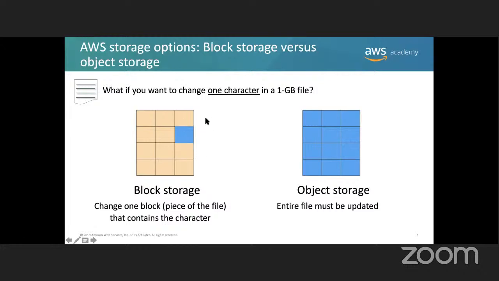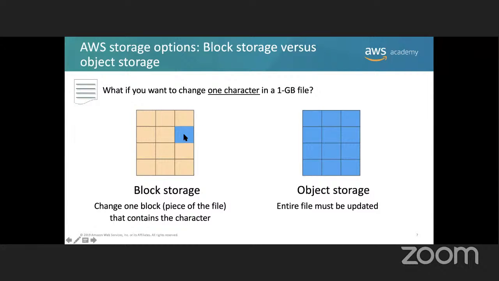Okay, so the system itself, not you, changes the character. That's your action, but behind the scenes, it's just going to that block where that piece of the file is, and just modifying this block. Okay, which makes it faster and of course more expensive, right?